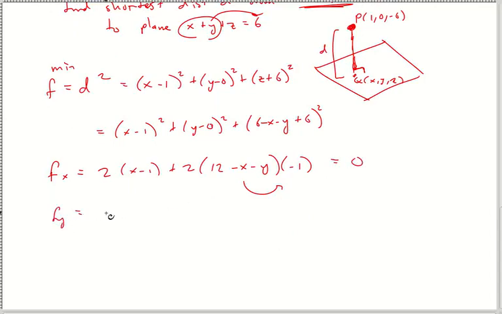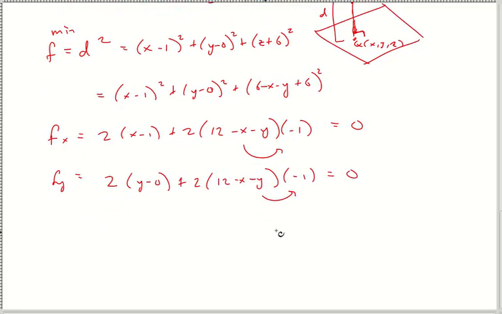Same thing if I'm doing the f sub y. 2 comes down, same thing here. And then, of course, negative 1, just like last time. Okay. Both of these must be equal to 0 at the same time. And I know there's a lot here that's similar, but we're going to try to solve for it together.